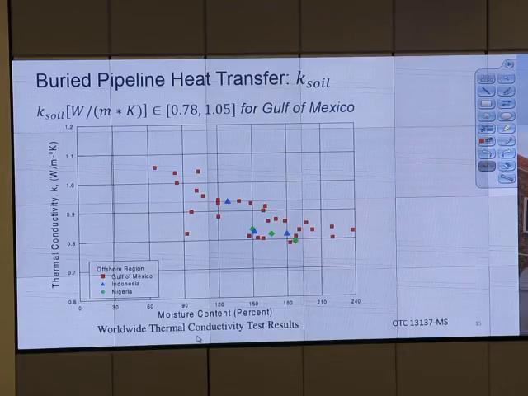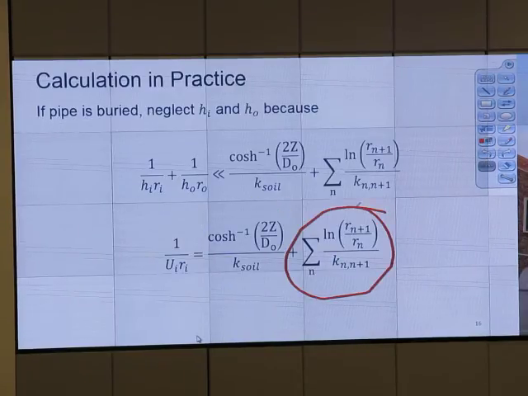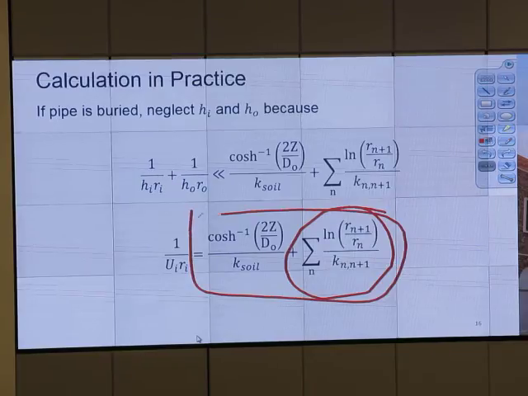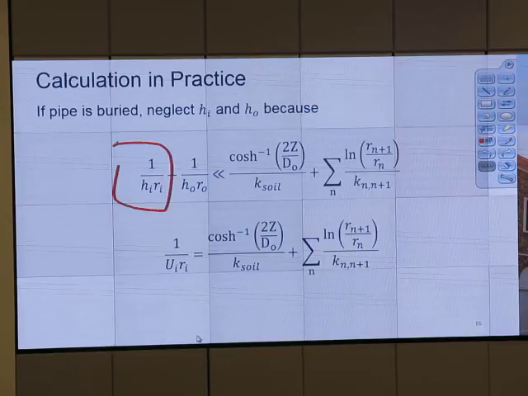Let's continue. So this is the thermal conductivity of soil in the Gulf of Mexico. Okay. Put everything together, you have that term and that term. The reason that we have just these two is because the wall term and the insulation term are a lot higher than that Nusselt number term.